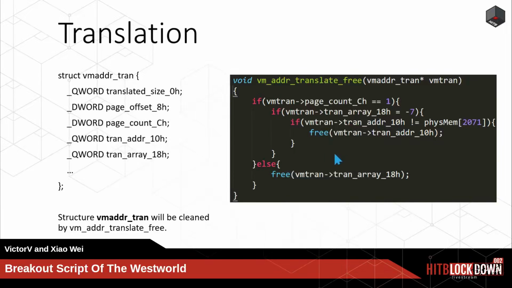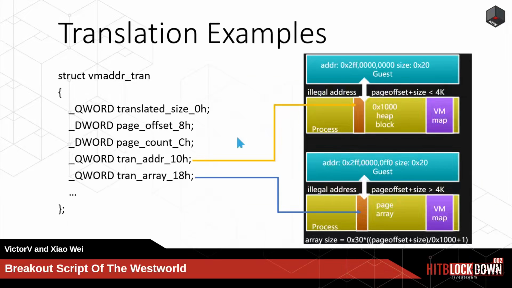Now let's look at an example. Look at the upper part of the picture. If we give a physical address and size like this, the given range is bigger than WAM map, so WAMX will allocate a 4K heap.